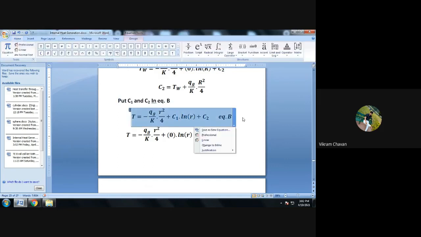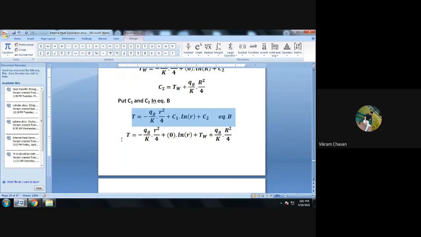Our equation number B is T is equal to minus Qg divided by K multiplied by small r square divided by 4, plus C1 multiplied by ln of r, plus C2. Now put C1 and C2 in equation number B. C1 is 0 and C2 is Tw plus Qg divided by K multiplied by R square divided by 4.